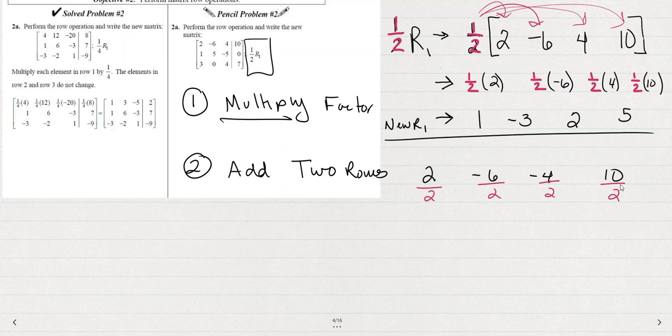What I'm doing is multiplying by 1/2, but I can show it as dividing by the denominator. So 2 divided by 2 is 1, negative 6 divided by 2 is negative 3, 4 divided by 2 is 2, and the last one, 10 divided by 2 is 5. Sorry about the earlier error: it was 2, negative 6, positive 4, positive 10.